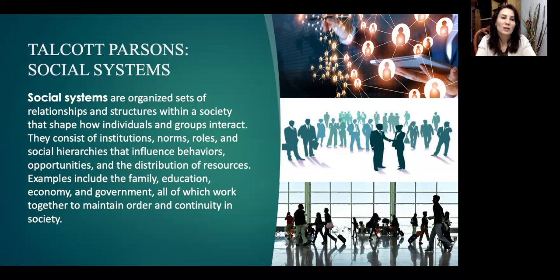For Talcott Parsons, social systems are organized sets of relationships and structures within society that shape how individuals and groups interact. Based on what kind of social system we're talking about, people will interact differently. They consist of institutions, norms, roles, and social hierarchies that influence behavior, opportunities, and the distribution of resources.